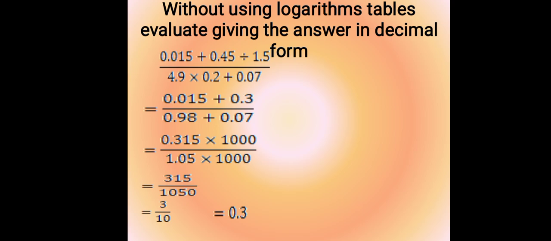That number is 1,000, because the numerator has the higher number of decimal places, 3 of them, so it needs a number with 3 zeros to remove them. So the numerator becomes 315, and the denominator becomes 1050. You can see this cancels very well, so that we have 3 over 10, giving our answer as 0.3.